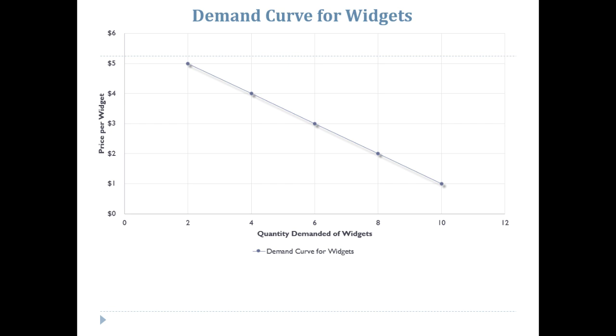When we mark price and quantity demanded in the graph and connect those points, we will get a demand curve. That demand curve will be downward sloping. So what you understood from here is that the demand curve is drawn with the help of a demand schedule. First we will have a demand schedule, and then we will convert it into a demand curve.